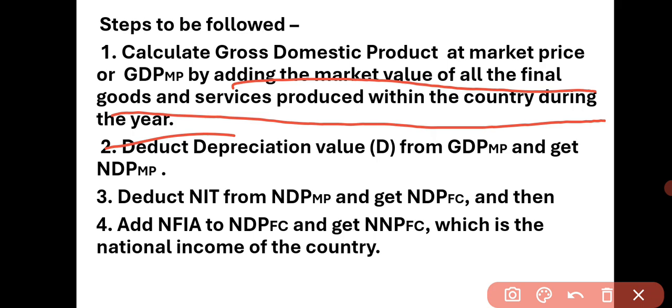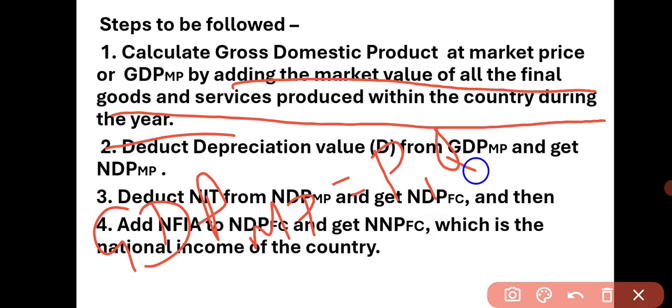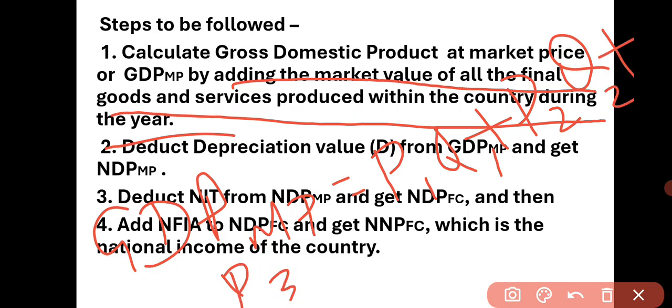Then GDPMP at market price is equal to P1Q1 plus P2Q2 plus P3Q3 plus up to PnQn. P1 is the price of the first commodity, commodity 1, and Q1 is the quantity of that commodity produced.